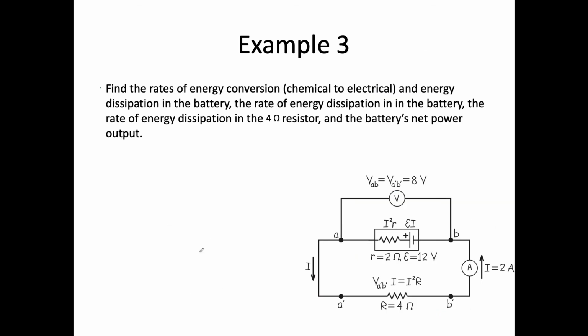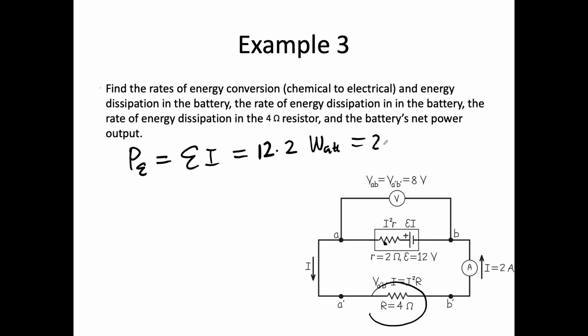So let's do one last example. Calculate the power by the external resistor, capital R, and the energy consumed by the EMF. The energy consumed by the EMF, which is the total power, should be epsilon times I, and we know epsilon is 12, I is 2, so 24 watts. What's the power consumed by the internal resistance?